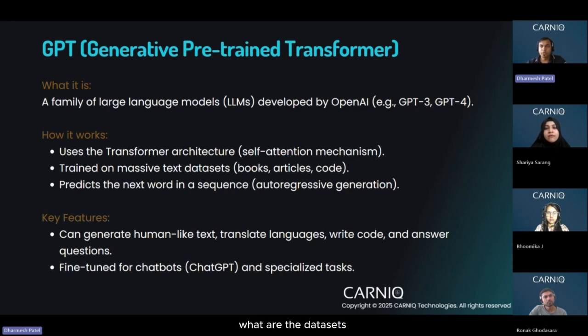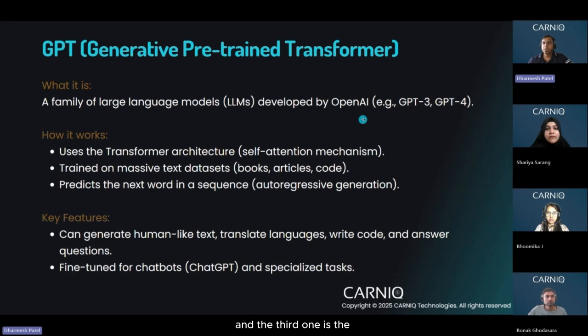It is trained on data sets such as books or articles, and it can generate paragraphs, whole sentences, documents, or even code.